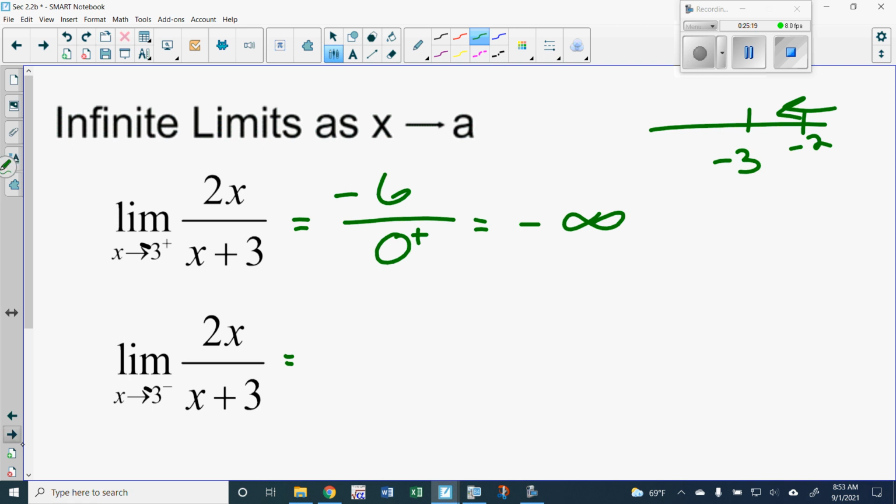If I put in negative 3 from the left, the top is still going to negative 6. The bottom's going to 0, but now I'm putting in numbers less than negative 3, like negative 4. If I put negative 4 in there, I get a negative. So now I have a negative over a negative, which is positive.